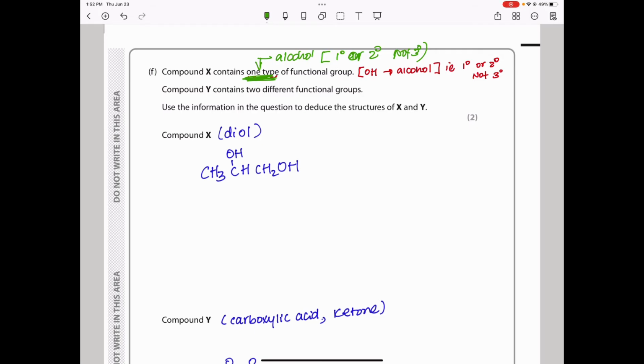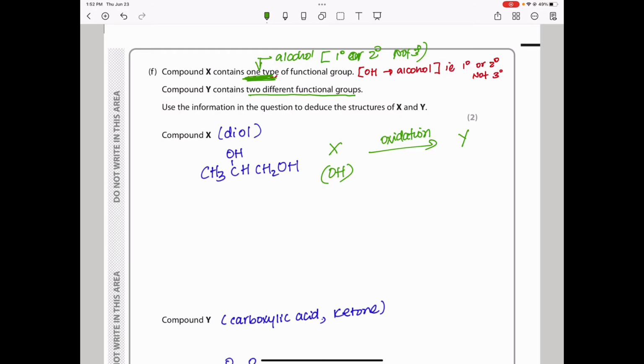Okay, then they say Y contains two different functional groups. If X contains one functional group while Y contains two functional groups, it means, X transitioning to Y, oxidation occurred. If X had one functional group and we have established it was OH, and oxidation occurred, here we produce two different functional groups.